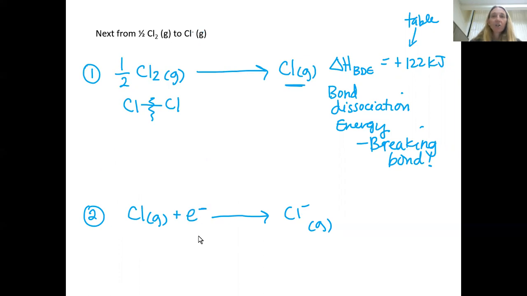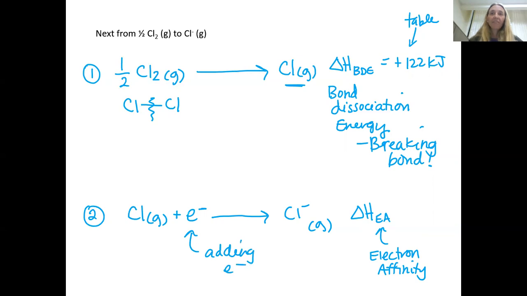I have to add just one electron in order to form this. So this reaction is delta H of Ea, or electron affinity. I'm adding an electron, and the heat or energy associated with that is the energy for the electron affinity. Now I've gone from my chlorine gas to my chloride, and I can add that into my cycle.